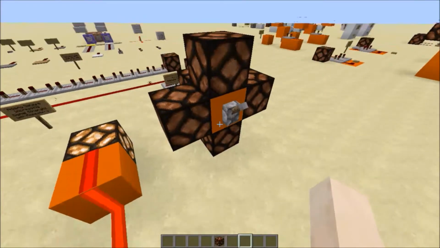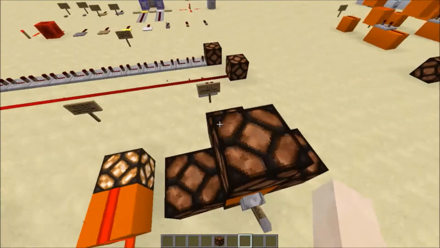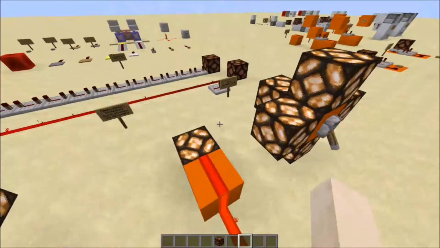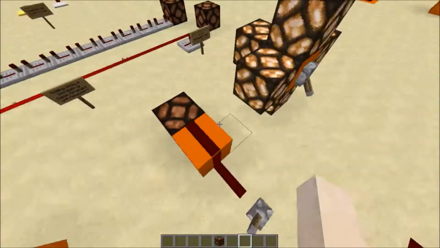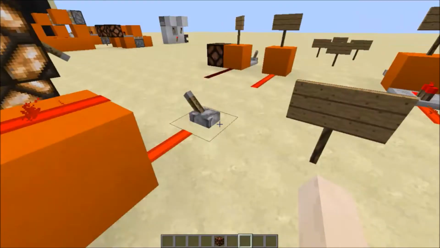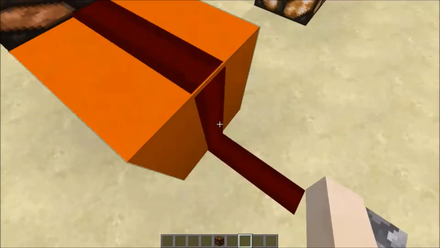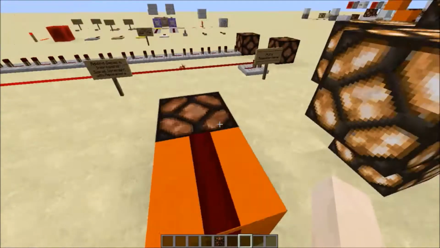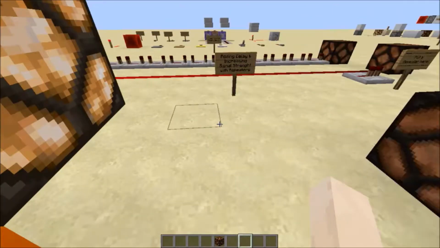So if you power this orange block over here, that will power all the 6 blocks touching its sides, basically. And this is a soft power thingy where I'm soft powering this block, which is powering this thing. As I said before, right over there, we are powering this.